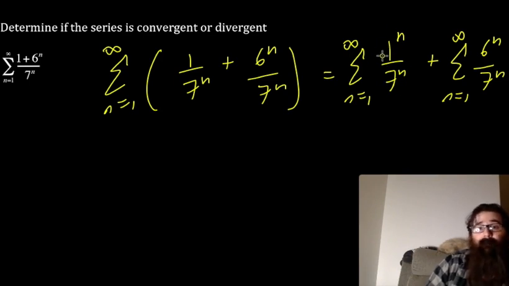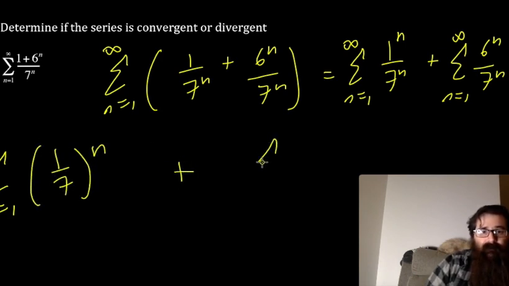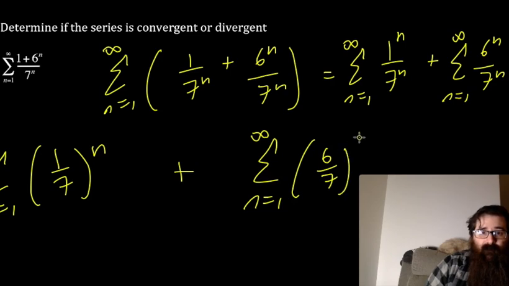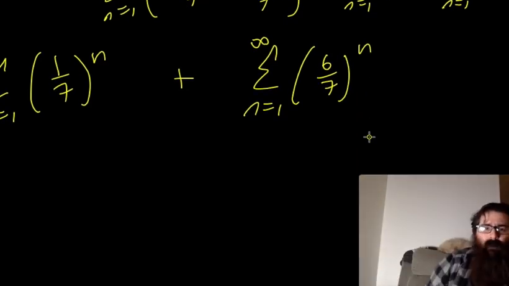It's still fine. And this allows me to group what I have. So I'd say here I have the sum from n equals 1 to infinity of 1 over 7 all to the power of n, plus the sum from n equals 1 to infinity, and I can group these together, 6 over 7 all to the power of n. Let me do this linearly on my way down.